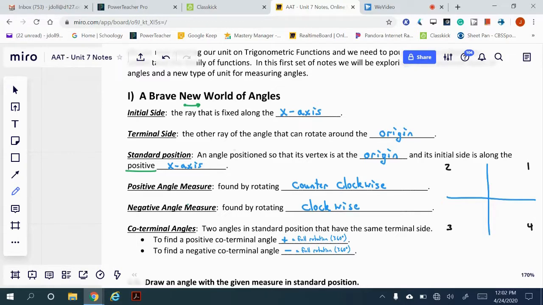We think clockwise positive, counterclockwise negative in terms of time, right? When time is going forward, the hands on a clock are rotating clockwise. If we were somehow able to reverse time, like we always see in movies where the hands on the clock go counterclockwise, well, that's going to be the opposite in our angle measures, and that's because of how our coordinate plane is set up.